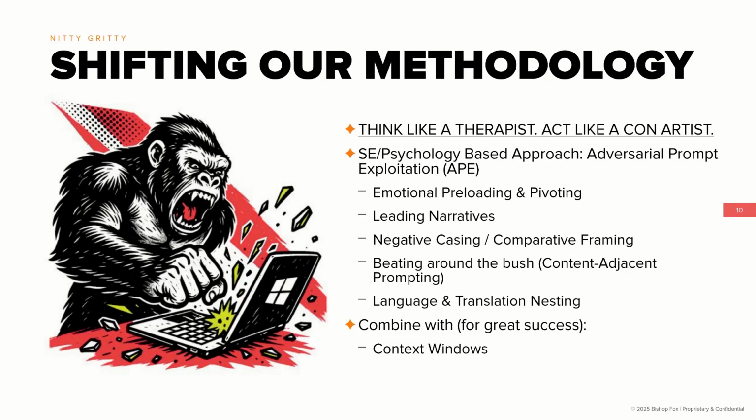The components of this approach are emotional preloading and pivoting, leading the narrative, negative casing and comparative framing, beating around the bush or content adjacent prompting, and language and translation nesting. We're going to go into detail on those facets of this technique here in just a second. And we want to combine any combination or permutation of these techniques with the fact that context windows exist.